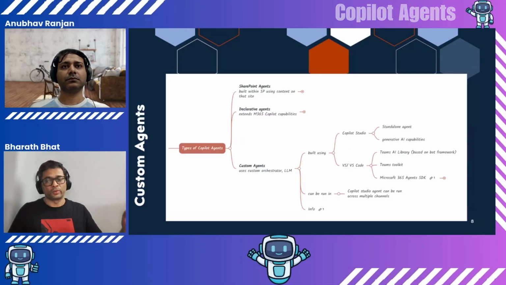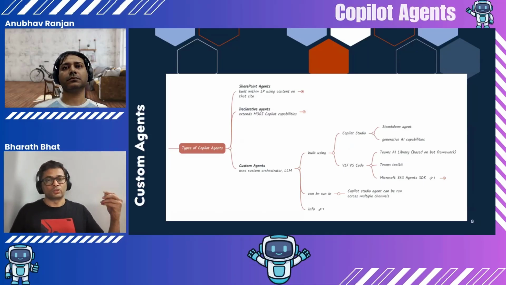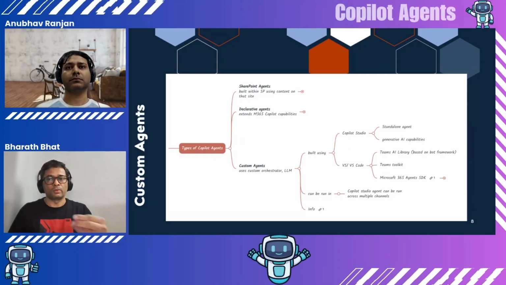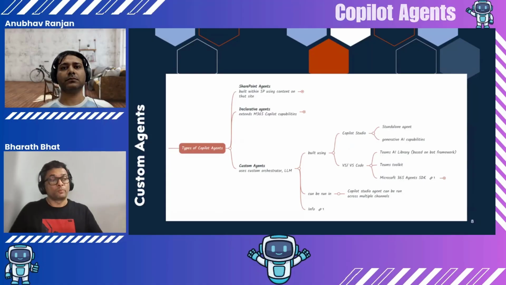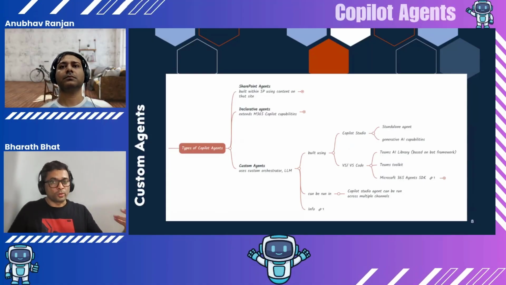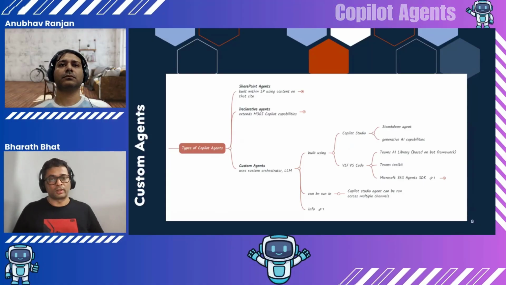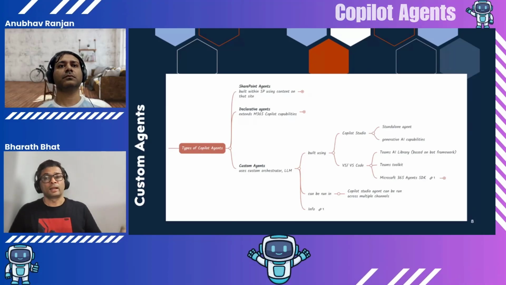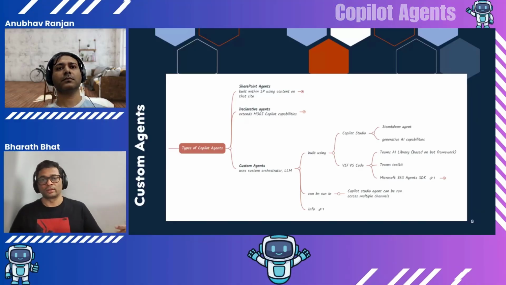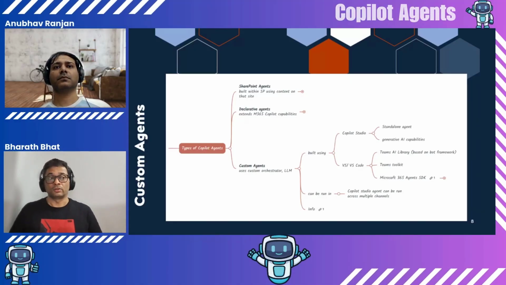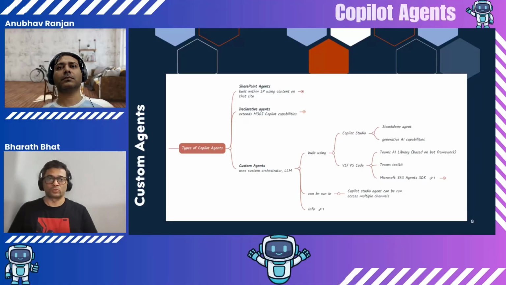Then we moved into declarative agents, where we had the Studio agent builder available within Teams Copilot chat, followed by a Copilot Studio option, which is a low code, no code option. And if you want more control using a pro code approach, you could use the declarative agent using Visual Studio Code and the Teams toolkit as well.